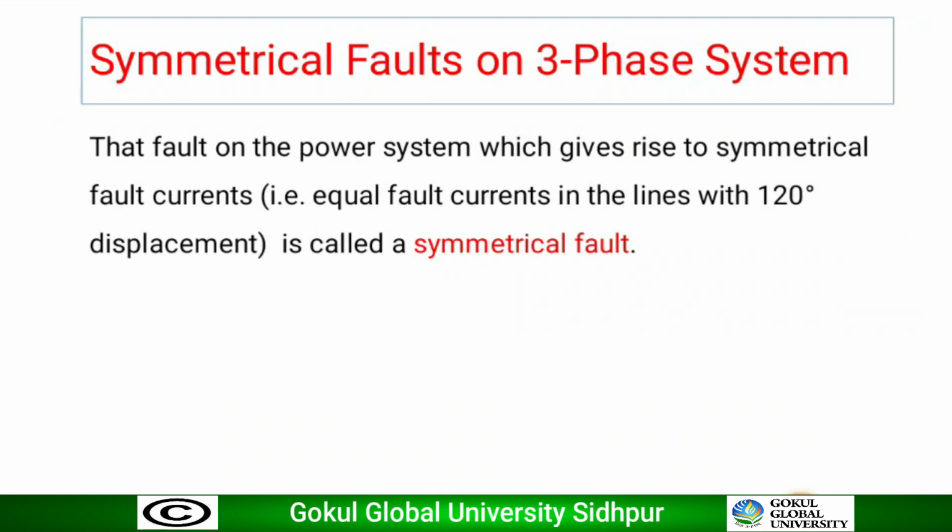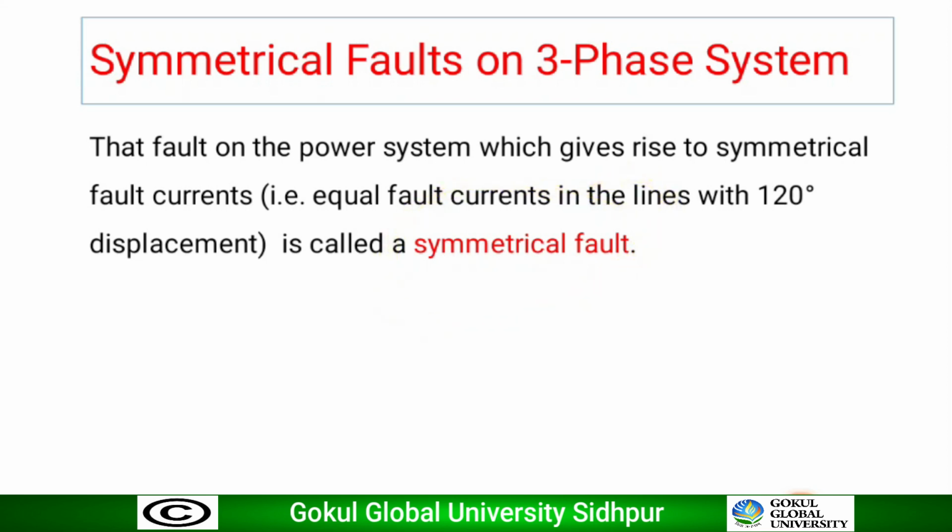Vy and Vb also have a 120 degree phase displacement. The definition of a symmetrical fault: a fault on the power system which gives rise to symmetrical fault current, that means equal fault current in the lines with 120 degree phase displacement, is called a symmetrical fault.